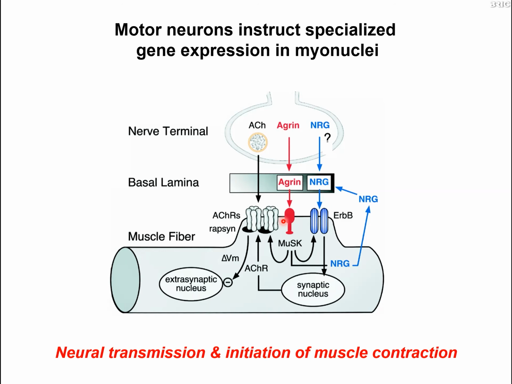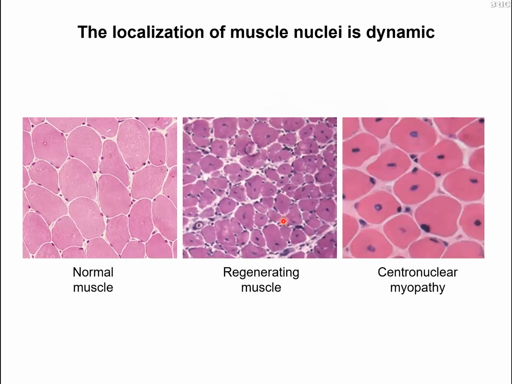Now, another interesting aspect of the muscle cells is that the locations of muscle nuclei can dynamically change in different conditions. In the normal muscle, the nuclei are located at the very periphery of these cells. However, during regeneration or in a subset of human myopathies, these nuclei get relocated to the center of the cells.